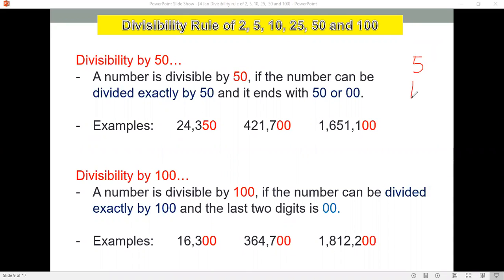A number is divisible by 10 if it ends with 0. A number is divisible by 25 if it ends with 25, 50, or 00. And a number is divisible by 50 if it ends with 50 or 00. And a number is divisible by 100 if it ends with 00. Okay?